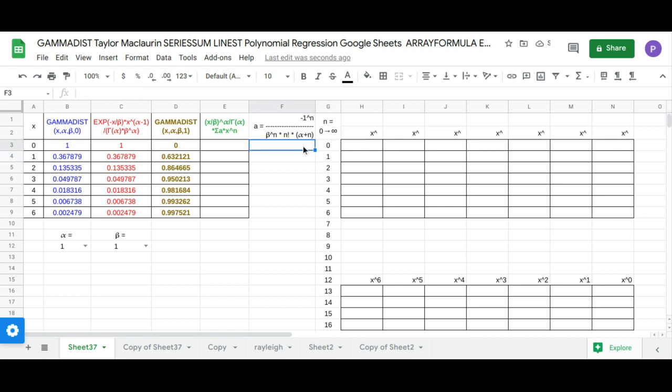So we continue with the coefficient. So array formula, negative 1 raised to the power n divided by, the denominator has three parts. The first part, that is beta raised to the power n. Times the second part, factorial n.